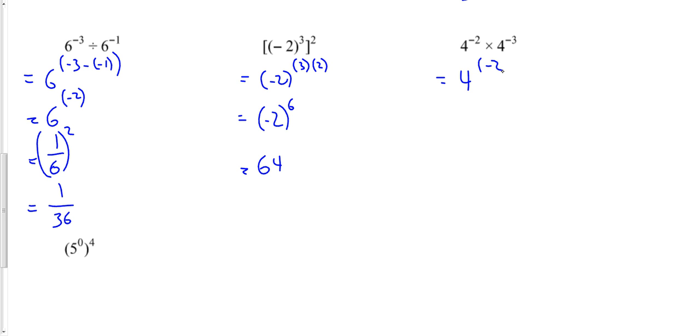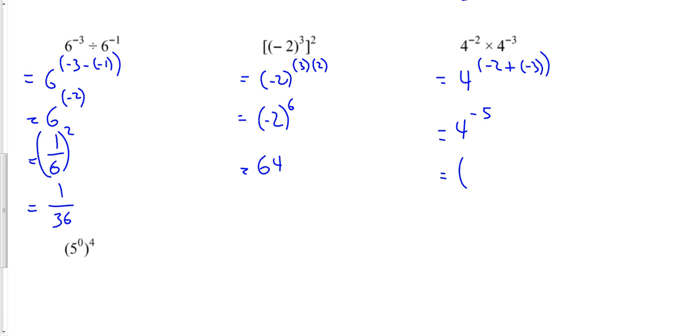Over here, I've got, again, same base of 4. I've got -2 plus -3. So if I do -2 plus -3, that leaves me with -5. So I want to get rid of the negative exponent.